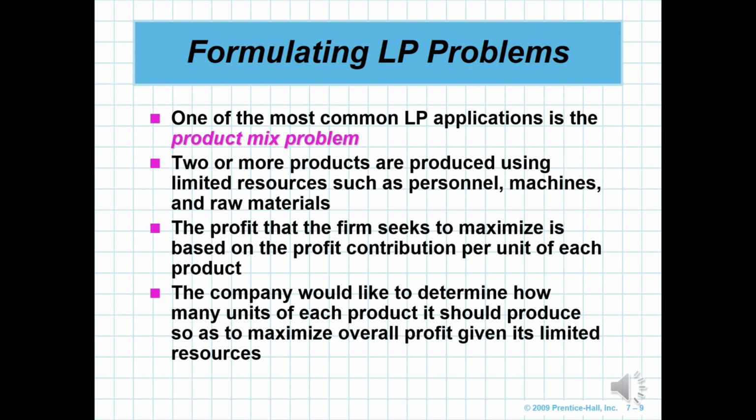So this is the objective of the company. They want to maximize the profit given the limited resources. So they want to know how much of product X1 should be produced and also how much of product X2 should be produced in order to maximize the profit.